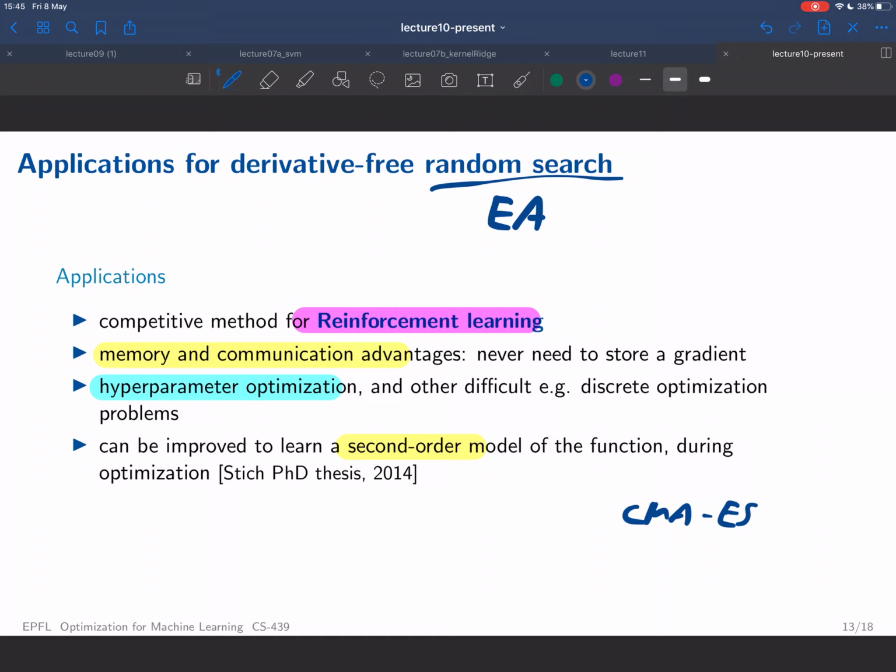The big problem is that we have this gigantic dimension D, and that is inherent in random search. There are even lower bounds showing that you cannot avoid it, and we have seen why that comes in when we studied the proof on the previous slide. This is not magically going away with evolutionary algorithms, though in some settings you can be lucky and figure out a subspace or a better model of your function to then stick to in the random search, and that's, for example, what these second order models can help with.